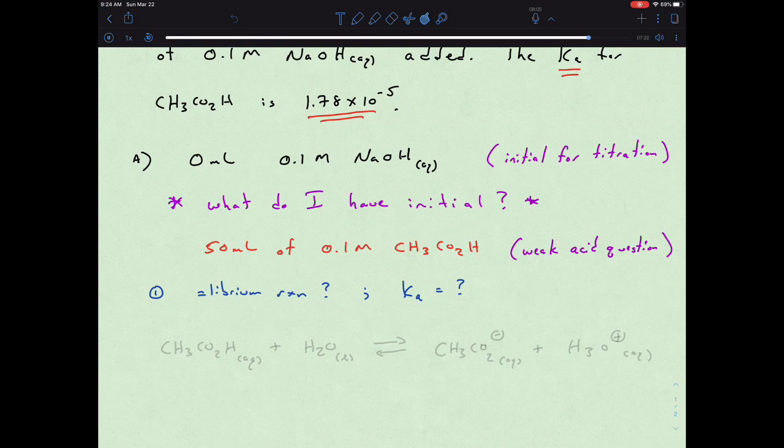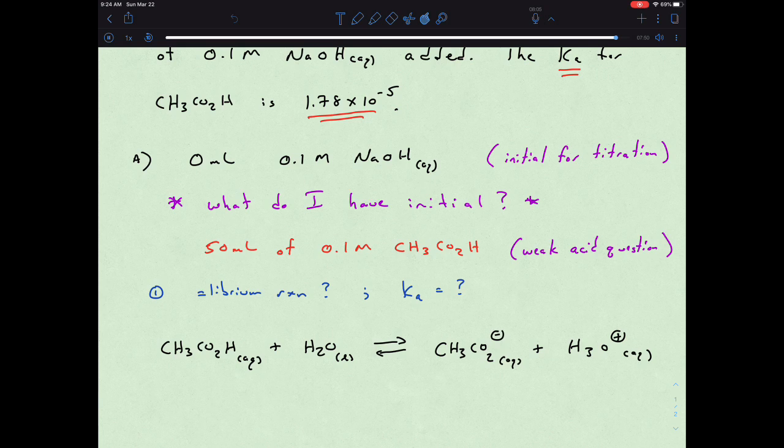So if we start with our equilibrium reaction, we would write this in terms of what we are beginning with. And we were beginning with our acetic acid here. And so we just want to write its equilibrium process with water to produce acetate and hydronium ion.